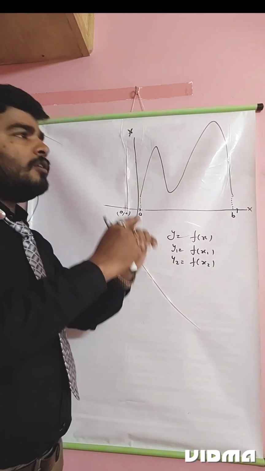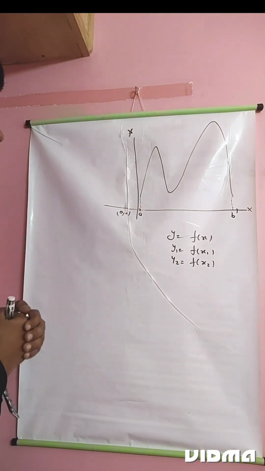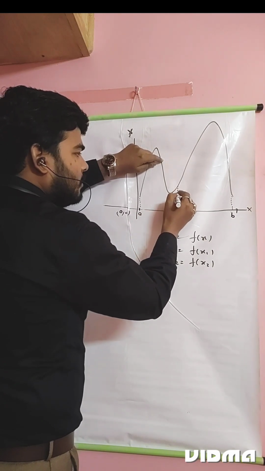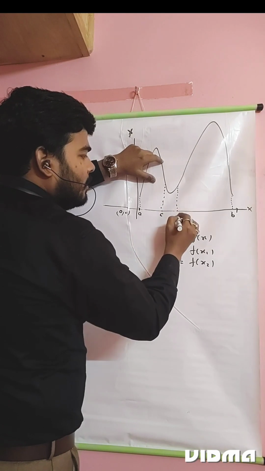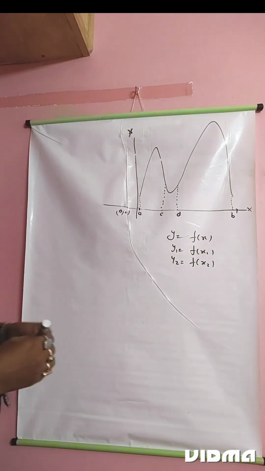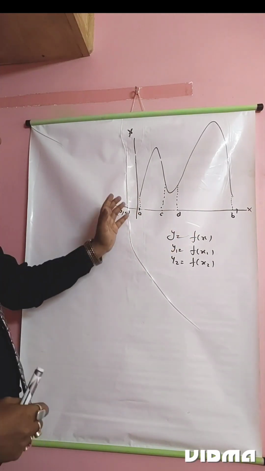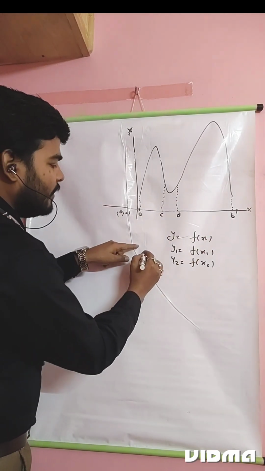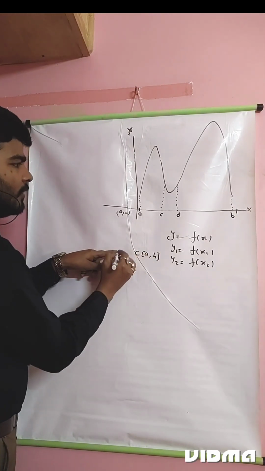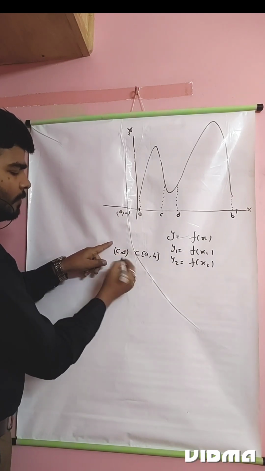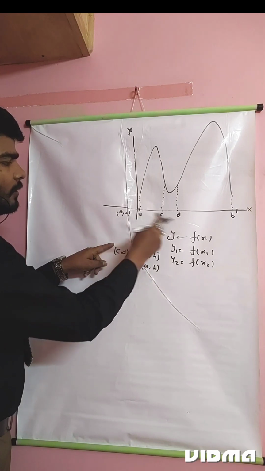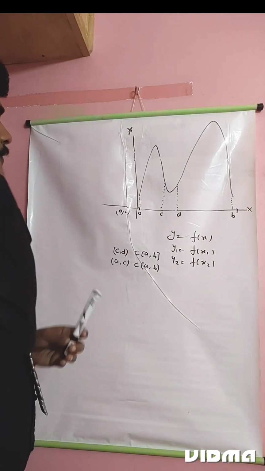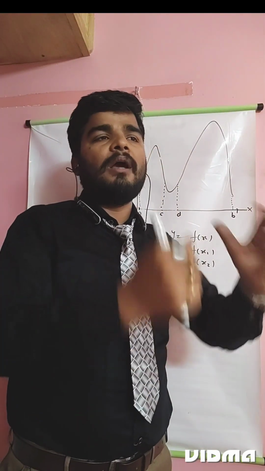Actually, increasing, decreasing, and maxima, minima are similar terms. Suppose we divide this curve into small intervals, like C, D. So we divide the interval A, B into sub-intervals, like A to C, C to D, and D to B. All the sub-intervals are subsets of the interval A, B. That means A, B is a superset of the intervals C, D, and similarly A to C and D to B. So firstly we have to discuss what the slope of any line is, what dy by dx is.